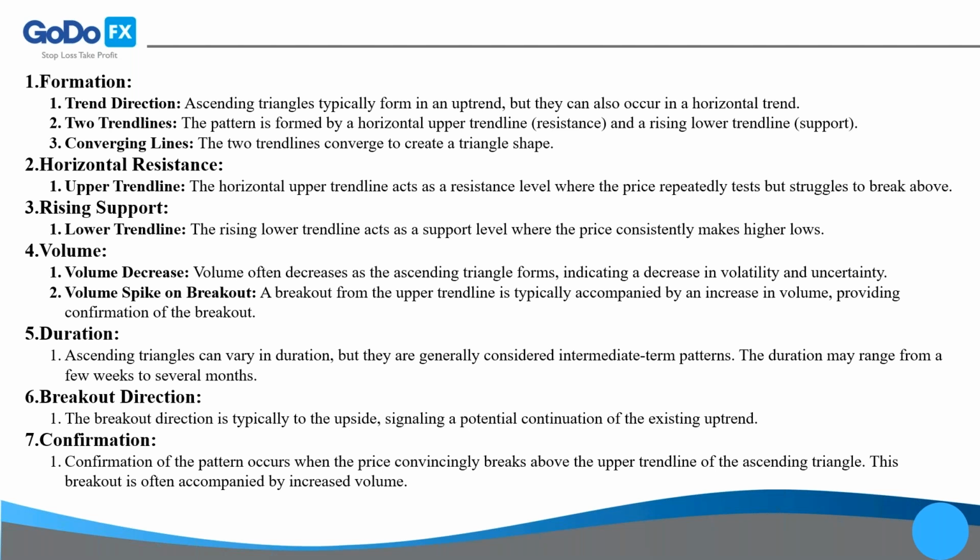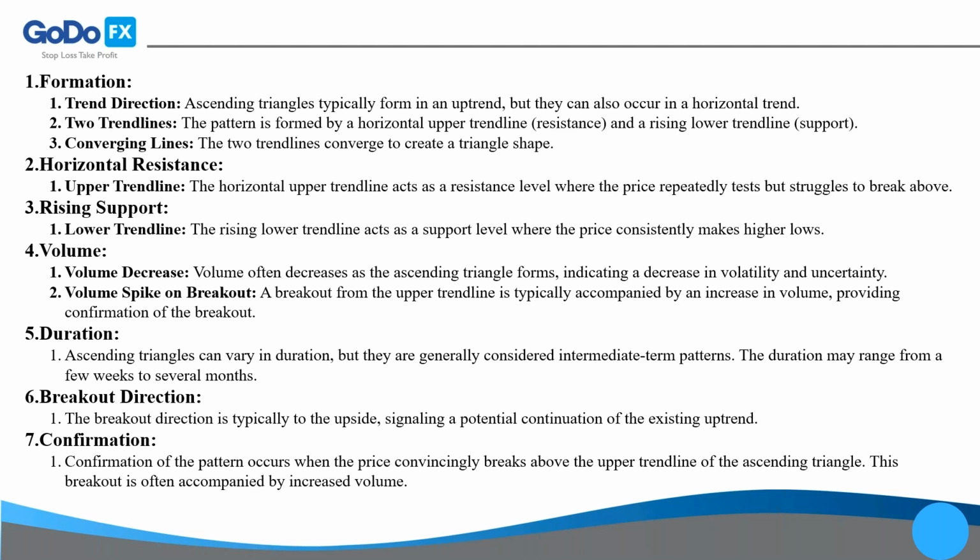The horizontal resistance acts as a level where the price repeatedly tests but struggles to break above. The rising lower trend line acts as a support level where the price consistently makes higher lows.